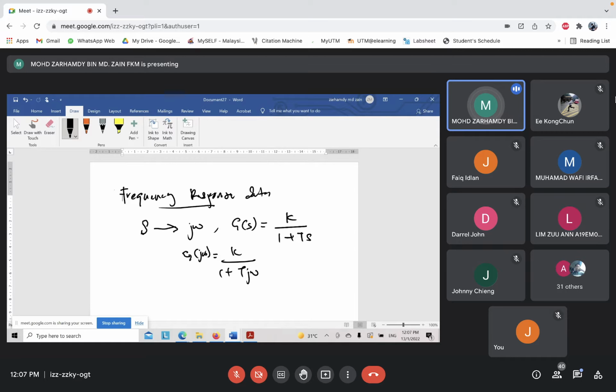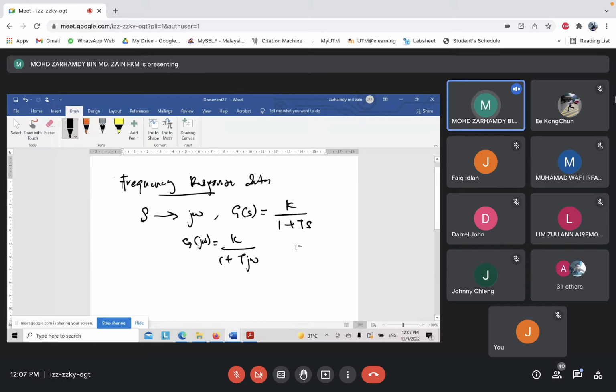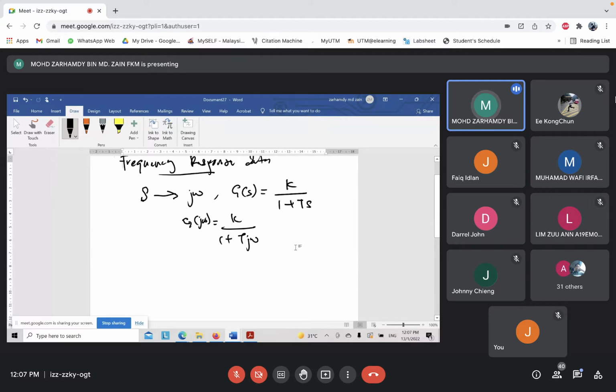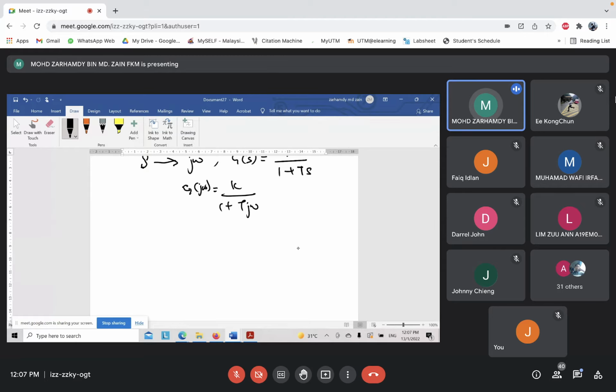Before we go through the drawing or sketching of Nyquist, there are several important things we look at in the system itself. For example, we have K as a system, G as a system, and H as the subsystem. For the overall system, we have U and Y. Our transfer function in Nyquist, we just concentrate on the open loop.